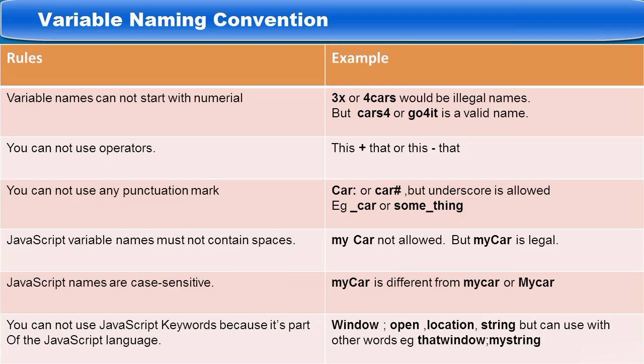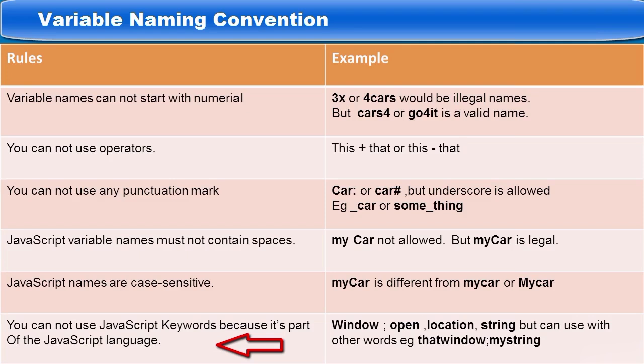Finally, you cannot use any JavaScript keywords. Keywords are parts of the JavaScript language itself. You can't use any of that for variable names. For example, window is a keyword in JavaScript, it's part of the language. Things like open is part of the language.